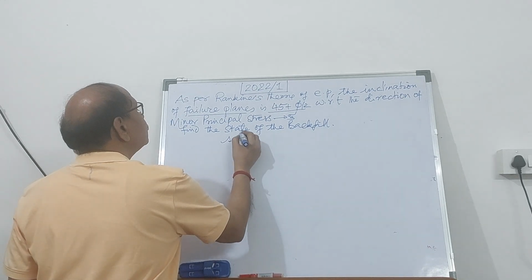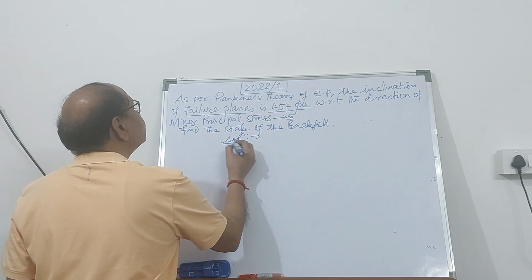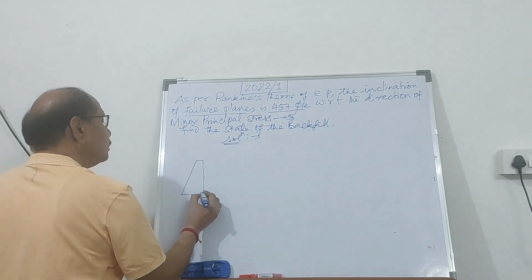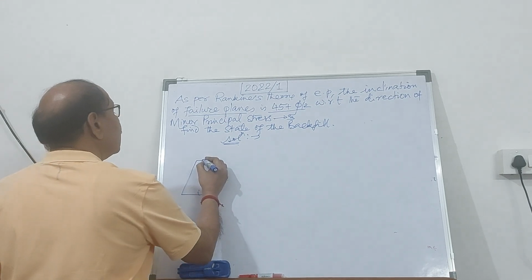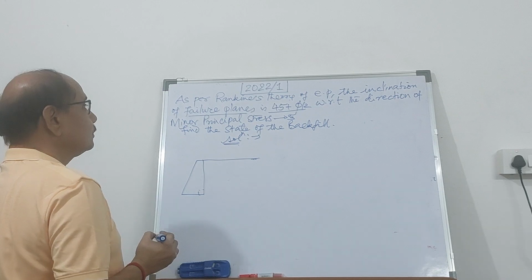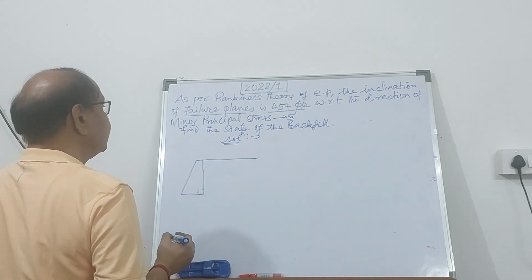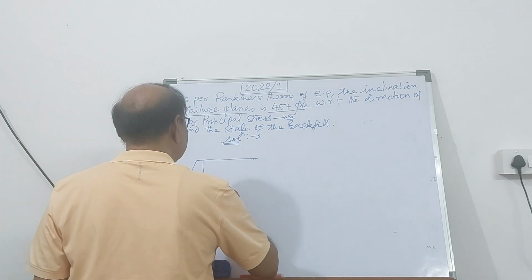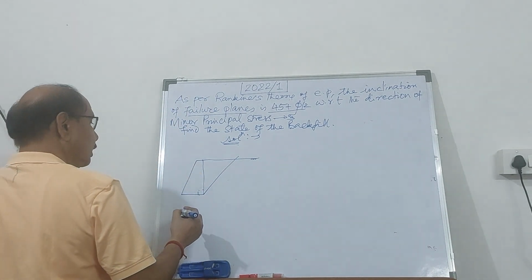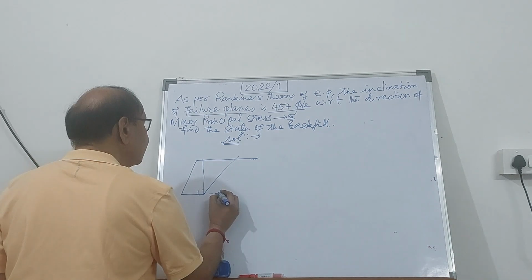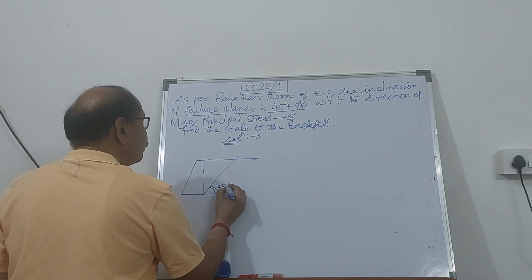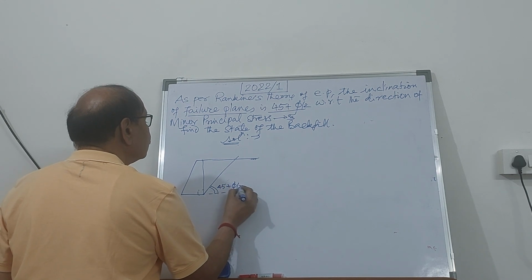So, solution, quite a simple problem. Let's say this is the wall and the backfill, and the failure plane in active condition is inclined with the horizontal at an angle of 45 plus phi by 2.